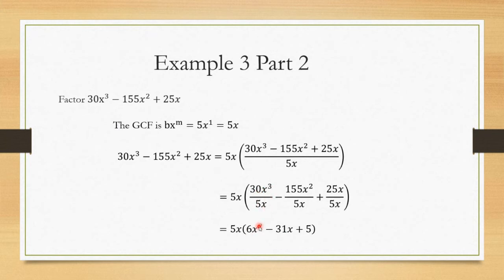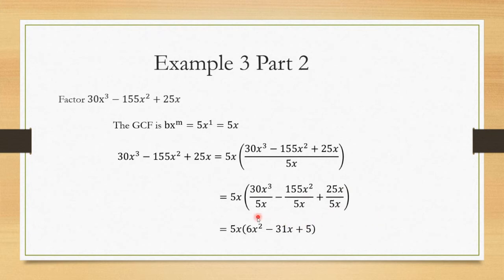X cubed over x is x squared. 155 over 5 turns out to be 31. X squared over x is x. 25x over 5x, that just turns out to be 5. The x's cancel. And 25 over 5 is just 5.